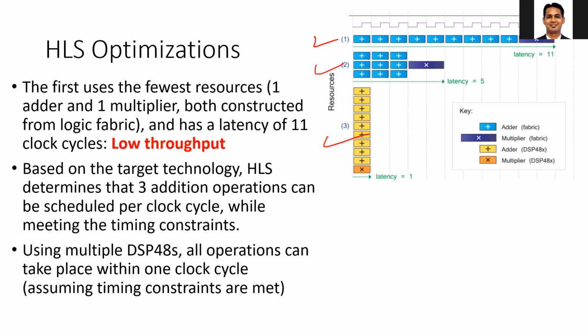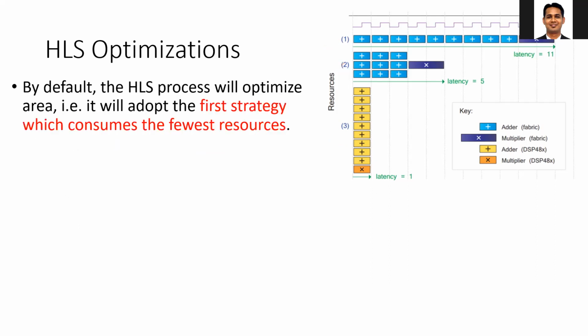Then HLS knows that some FPGAs have dedicated embedded multipliers and embedded MAC operations like DSP48. So HLS can make use of them to do all the operations in a single clock cycle and get the desired performance.